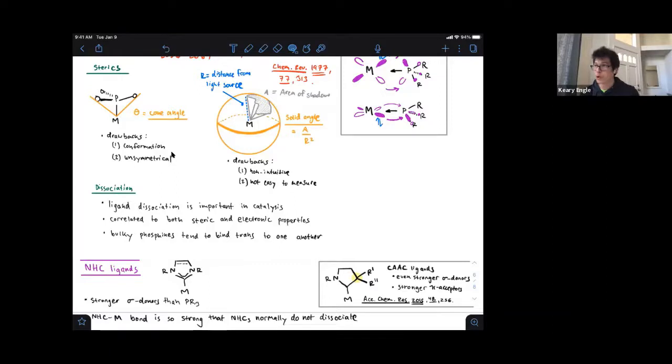There's been recent work by Matt Sigman and others to try to develop Boltzmann weighted average cone angles. And this doesn't work as well for ligands that are unsymmetrically substituted because the space filled in one direction is much different than the space filled in another direction.